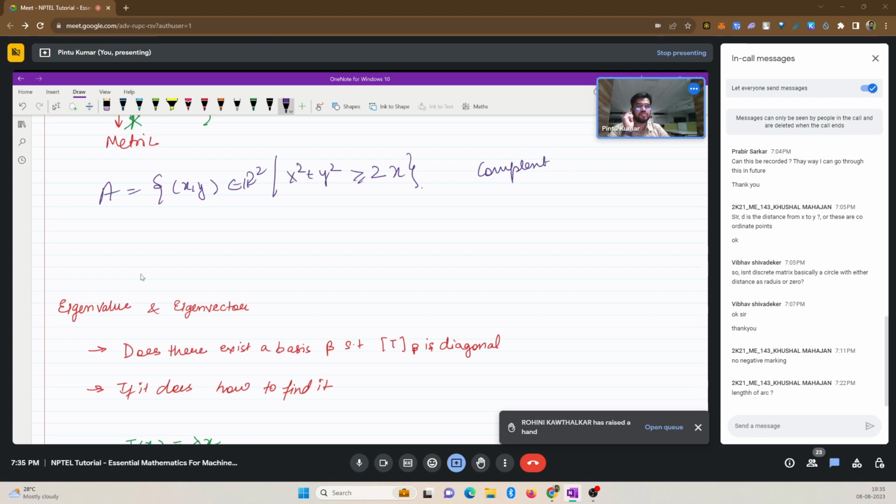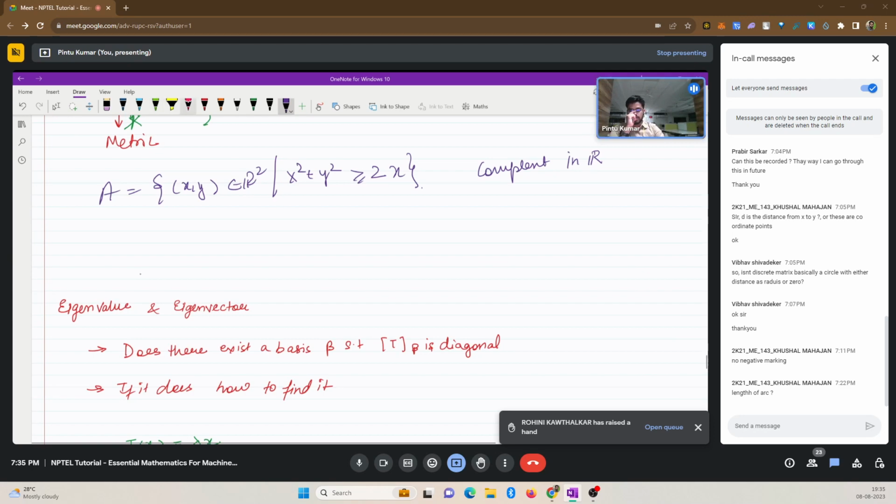Complement in R2, the complement of A in R2. So how can we approach this type of question, sir?